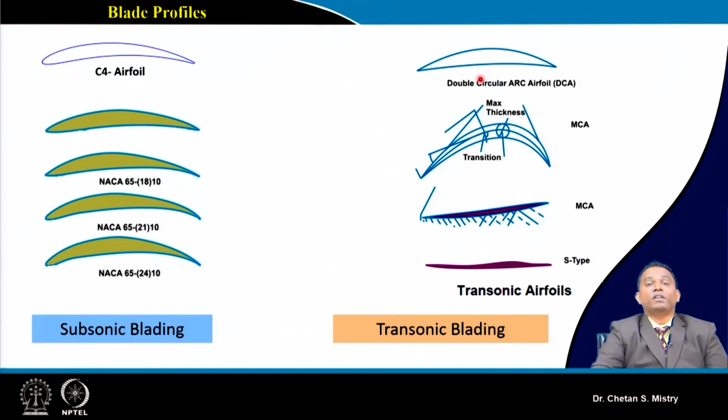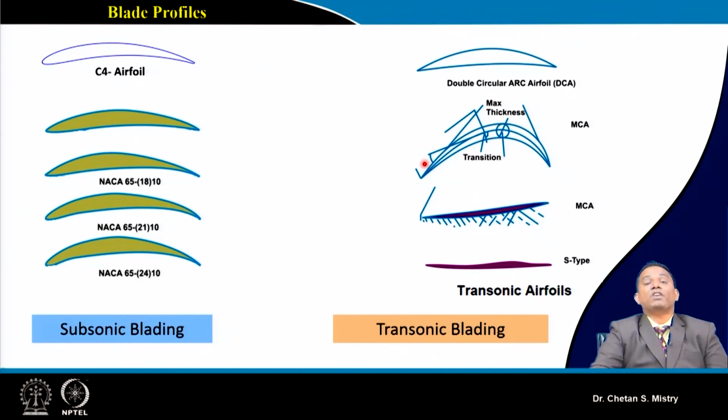Sometimes you need to play with this in managing the flow within the flow passage, and that is the reason why this is ruled out when we move towards higher supersonic or higher Mach number configurations. For higher Mach number configurations, the next kind of aerofoil people have developed is called the multiple circular arc aerofoil. We can say this is my first circular arc, second circular arc, third circular arc, fourth circular arc.